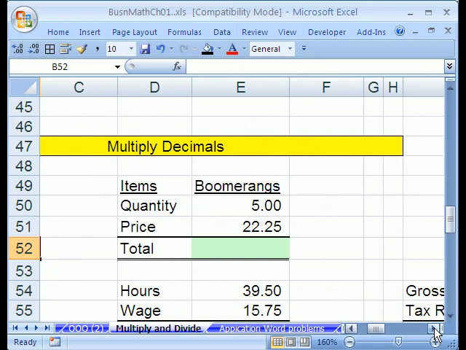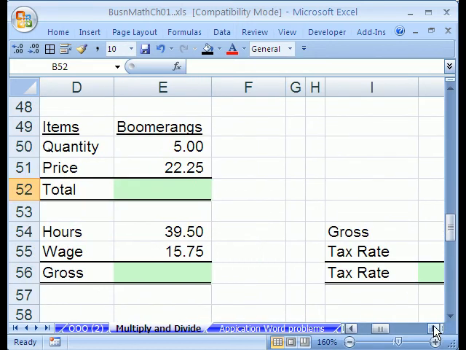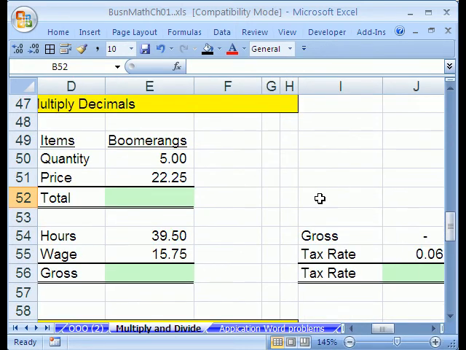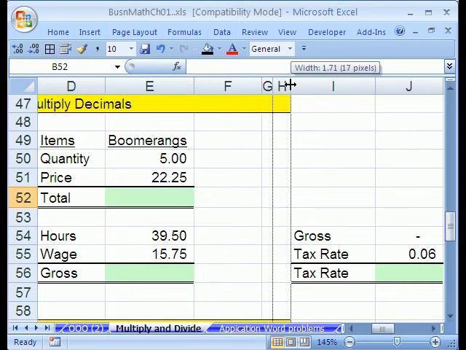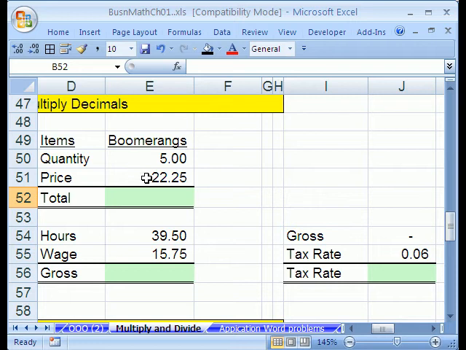But what about if we have to worry about rounding? All right, so here we have a quantity. We're going to buy 5 boomerangs and price. We have 22.25. Now, technically, we don't need to worry even though we're multiplying decimals because this is a 5, this is an integer.